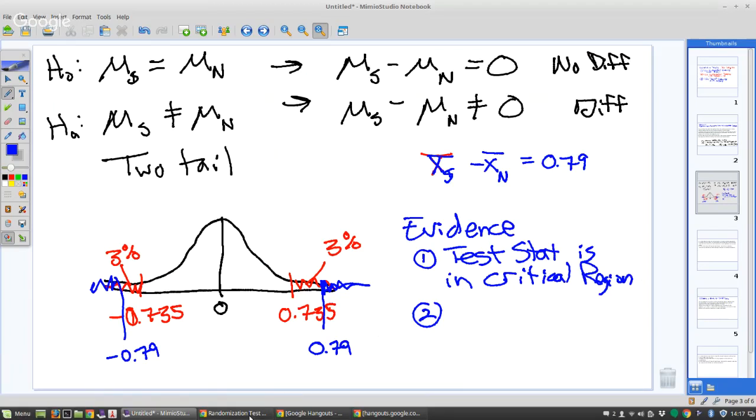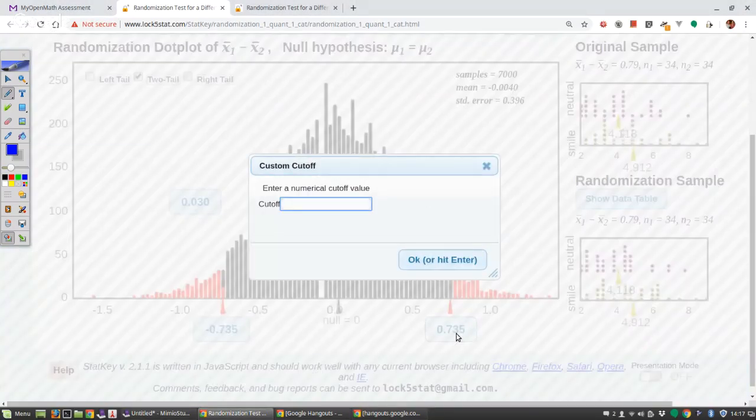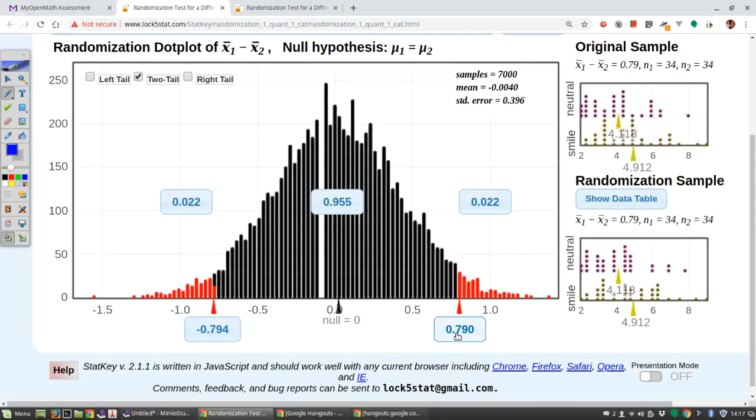So let's go check that out with StatKey. So I just replace the right p-value, because mine's positive, 0.79. And StatKey gives me both the left and right percentages added together, which give me 0.044. So that's my p-value here.